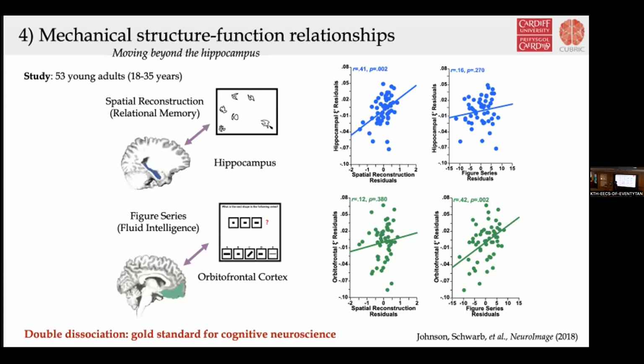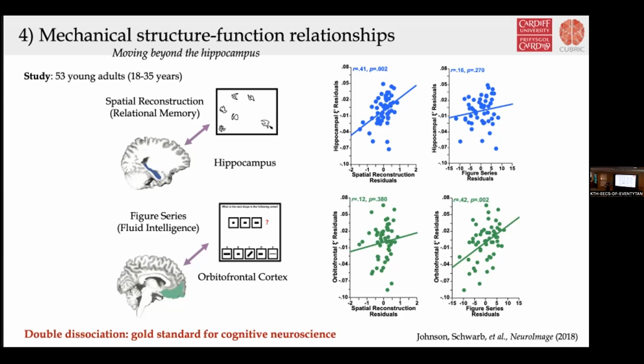But if you look at the hippocampus with a different task, the figure series task, which is reliant on the orbitofrontal cortex and is a measure of fluid intelligence, you don't see that correlation. But here you see a strong correlation with the orbitofrontal region with the figure series, but not with the spatial reconstruction task. That forms a double dissociation, which gives really strong confidence that these are selective and dissociable structure-function relationships.